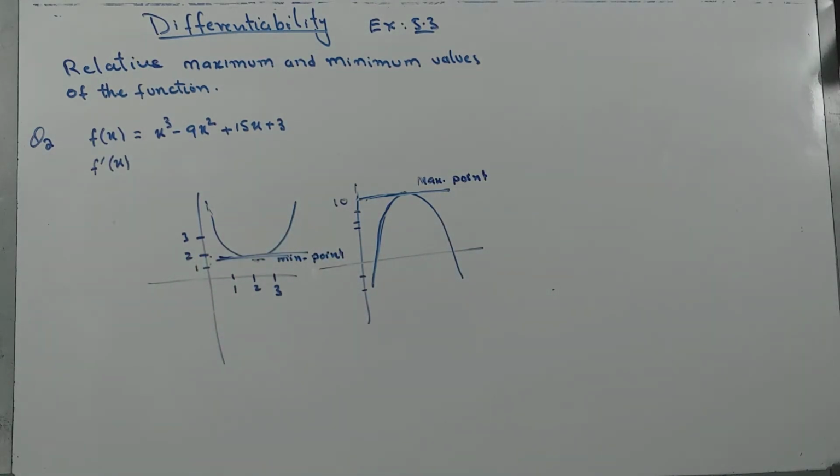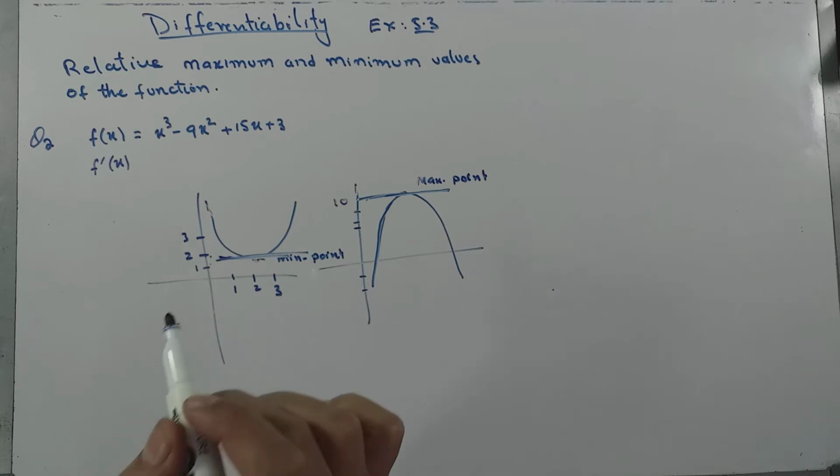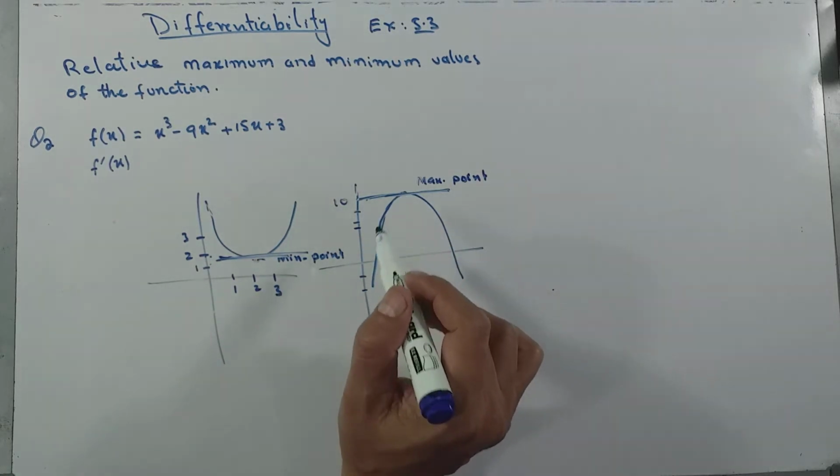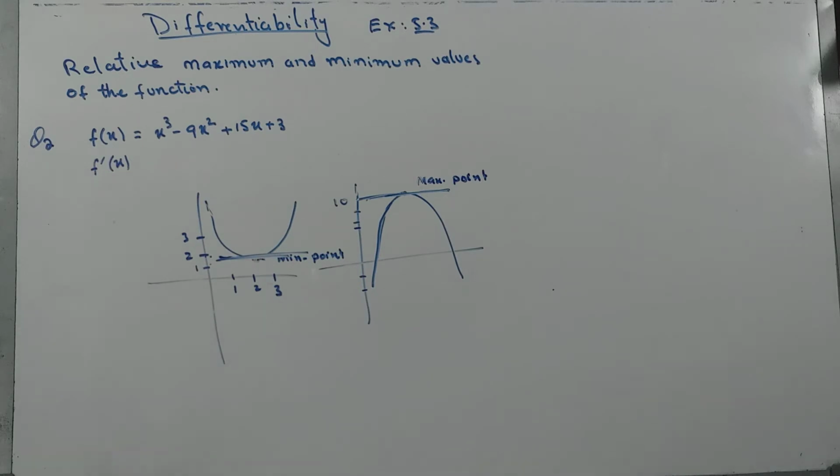So the tangent to the maximum or minimum point of any curve will always be parallel to the x-axis and will have a gradient equal to 0, because the x-axis has gradient equal to 0. Therefore, the tangent to the stationary point will have a gradient equal to 0.